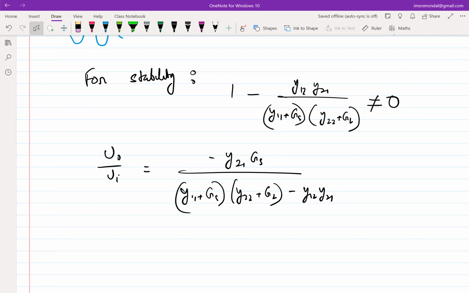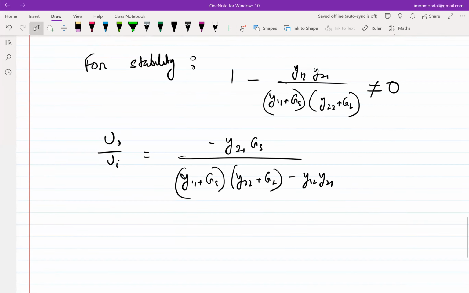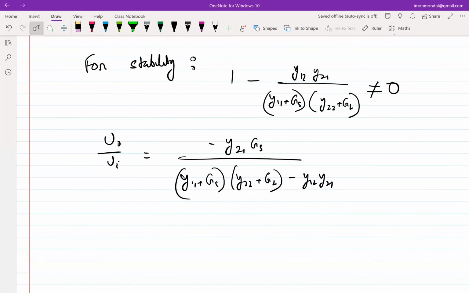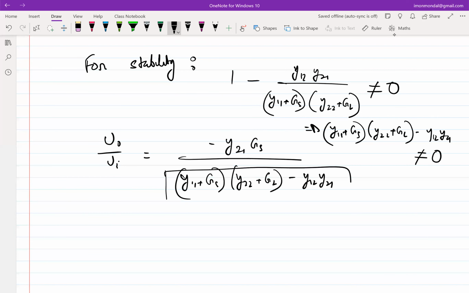You need not assume that all the time, but let's keep things simple and let's assume all of these to be incrementally positive values. And if we have to ensure that this is never equal to 0, it means that I have to ensure that y11 plus GS times y22 plus GL minus y12, y21 is never equal to 0, right? So you cannot set this to 0, right? So one might then say, I'll not set it to 0, I'll set it very close to 0. I'll just cancel optimally, right?